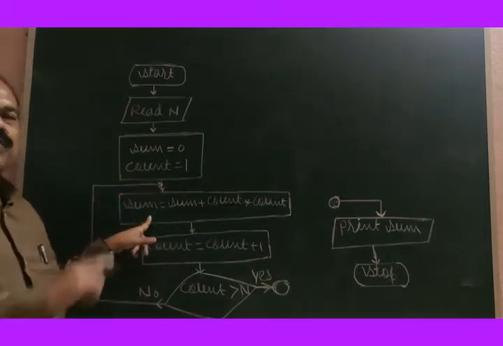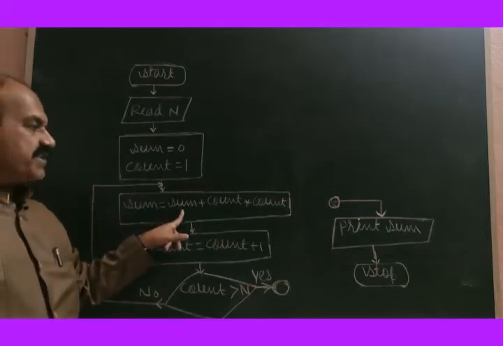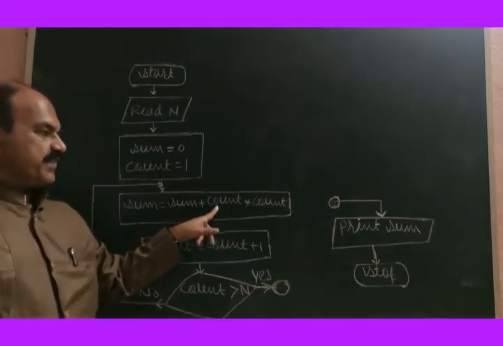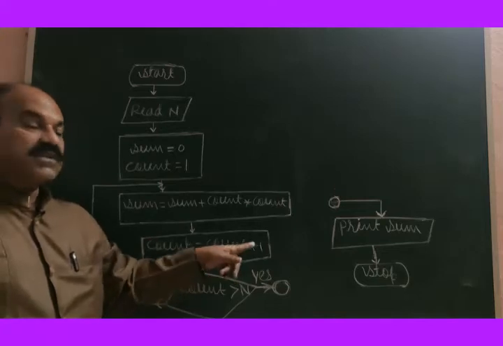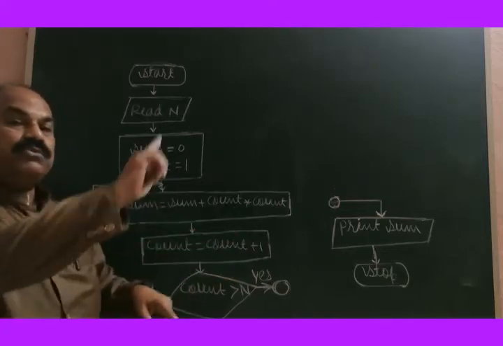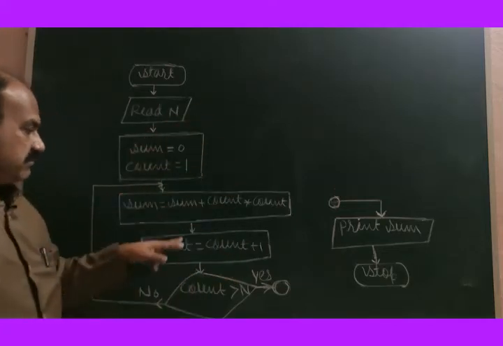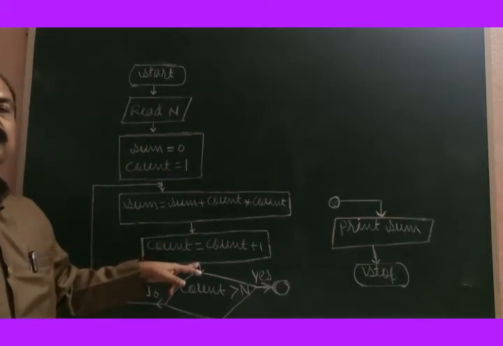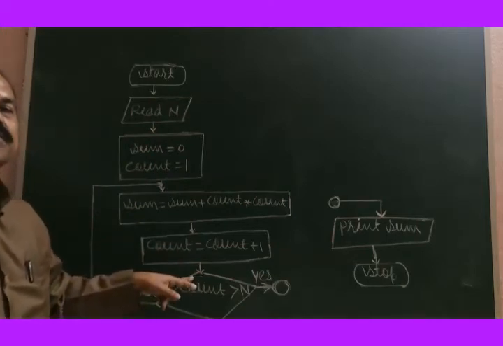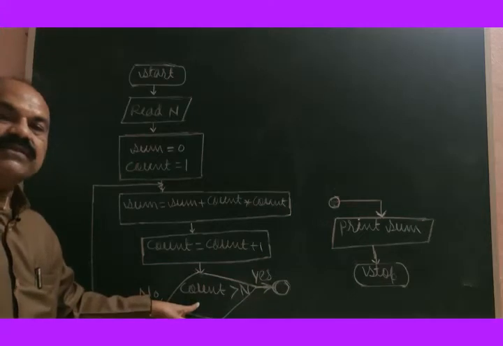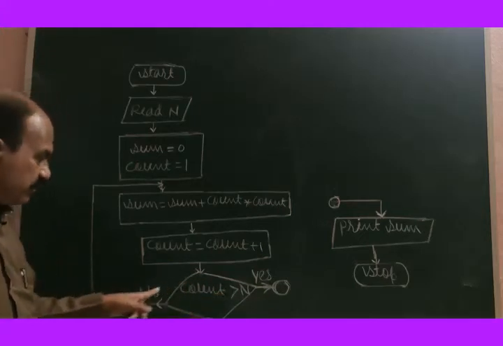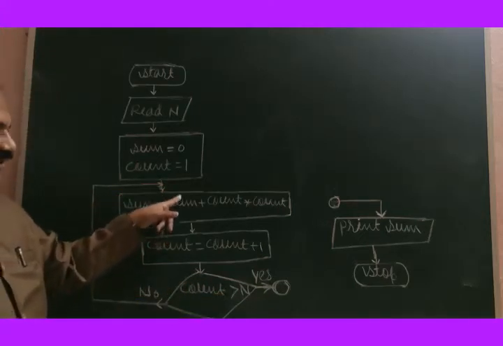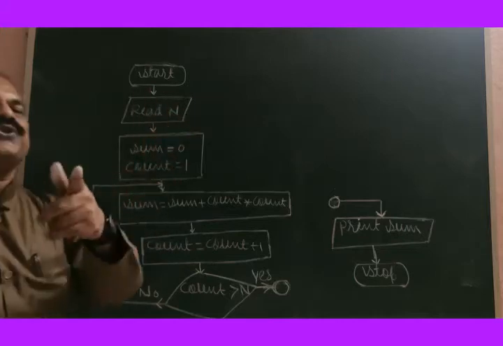Now what is sum? 1 square. This is 1 square plus count, which has become count plus 1, 2. 2 into 2, 2 square. Increment again count by 1. Whether count is greater than n, no, go back. Continue this till you reach n.